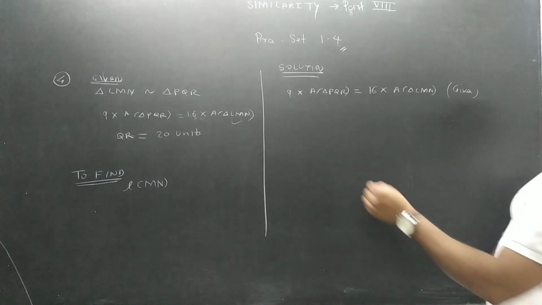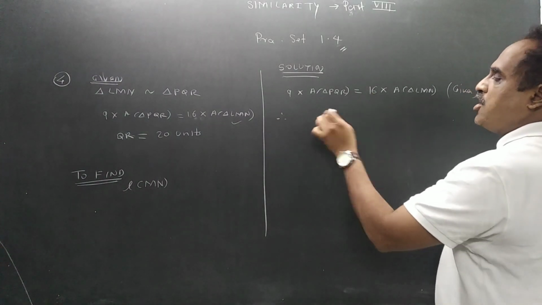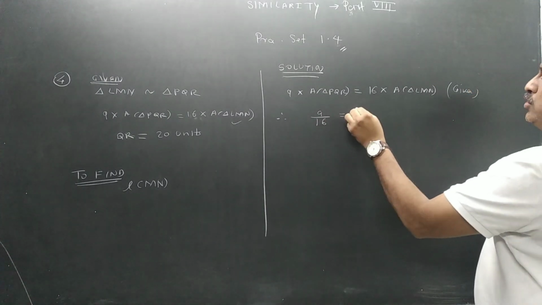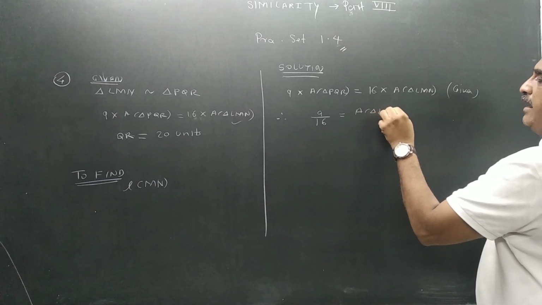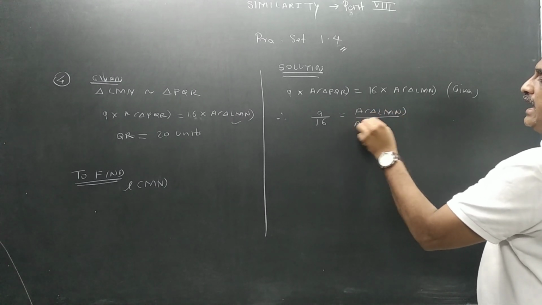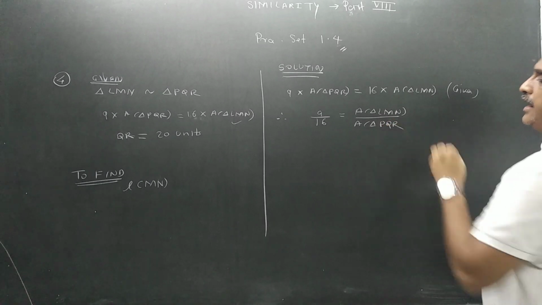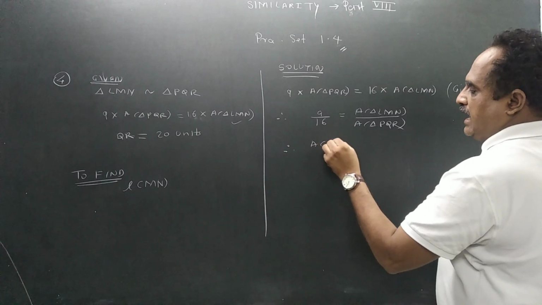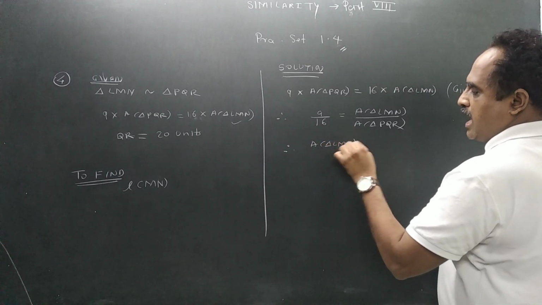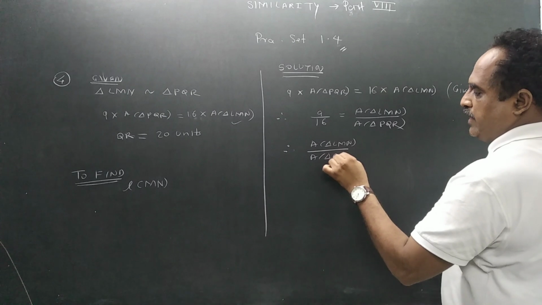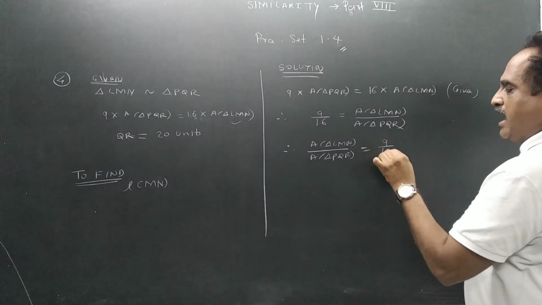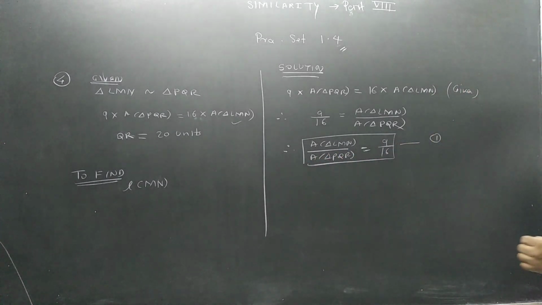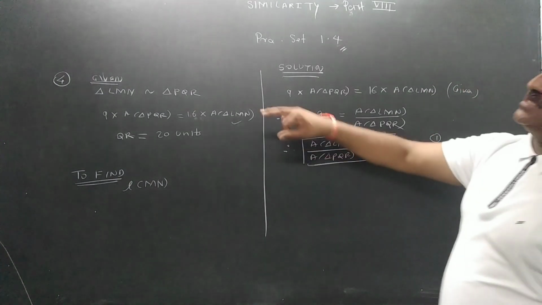So what I will do is, I will transfer 16 to that side. This becomes 9 upon 16 is equal to area of triangle LMN upon area of triangle PQR. So I will write area of triangle LMN upon area of triangle PQR is equal to 9 upon 16, and I will take this as equation 1. Now we will make use of this.